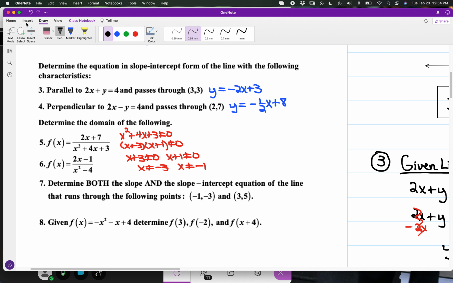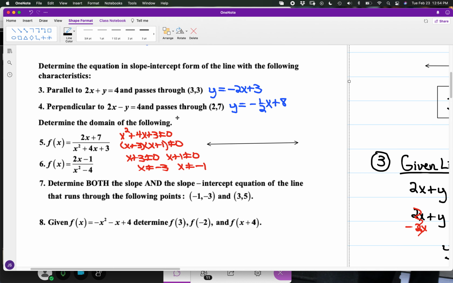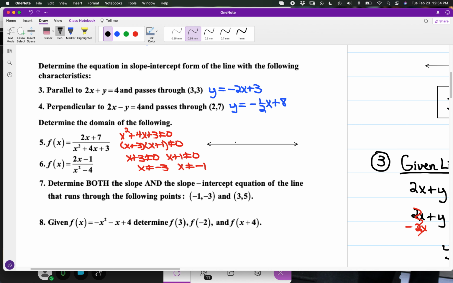Just looking at the exclusions, the excluded values are -3 and -1, so the graph is going to have holes at those locations.